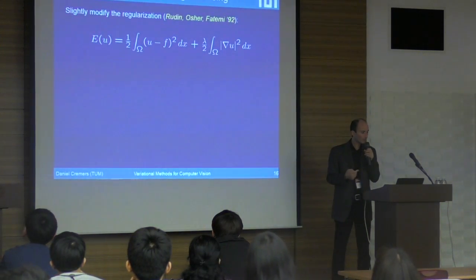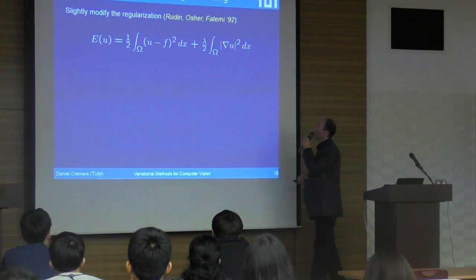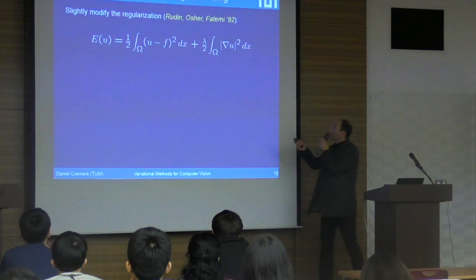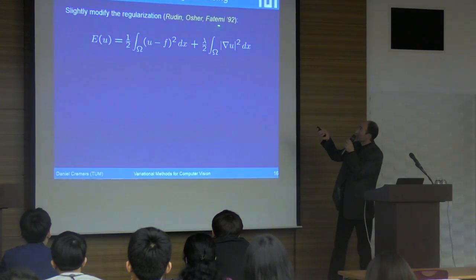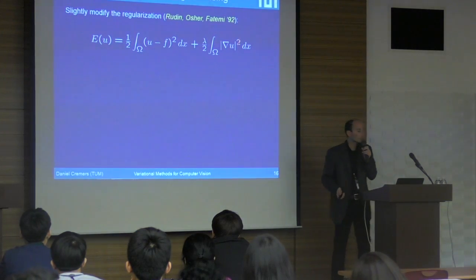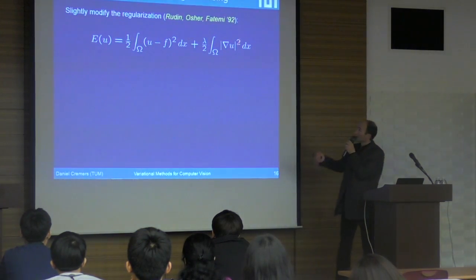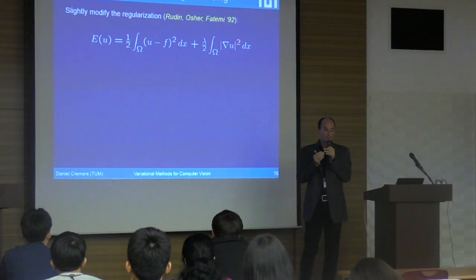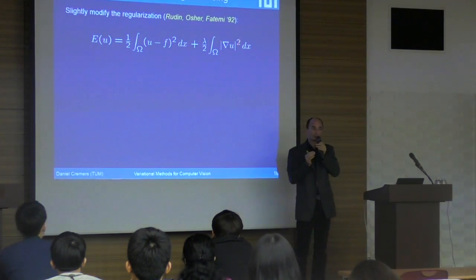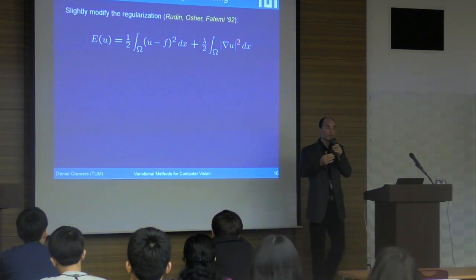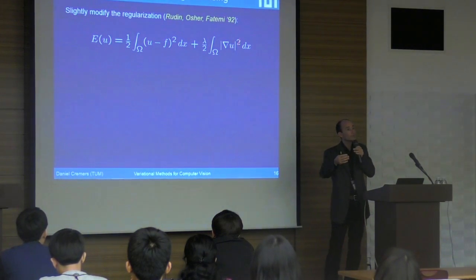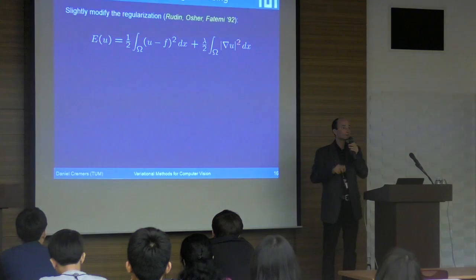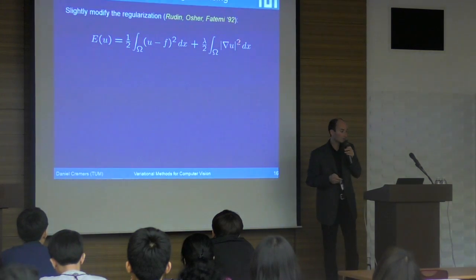But here's something, a slight modification of this original problem, and this is a modification which is often accredited to Rudin, Osher, and Fatemi, and this is they drop the square here. Why would you drop the square? You want something that is smooth, but you want to preserve discontinuity. So you don't want to blur everything. You want to remove the noise, but you don't want to remove sharp edges in the original image.